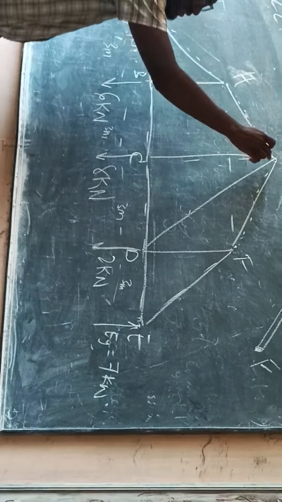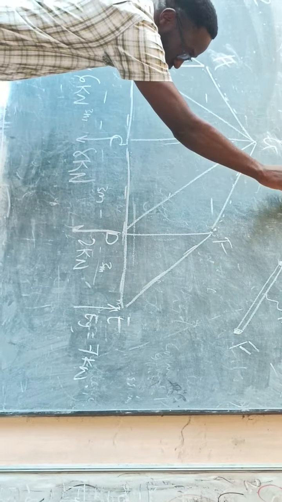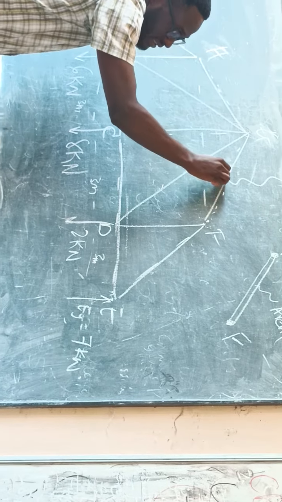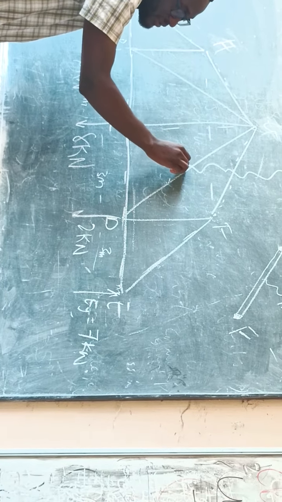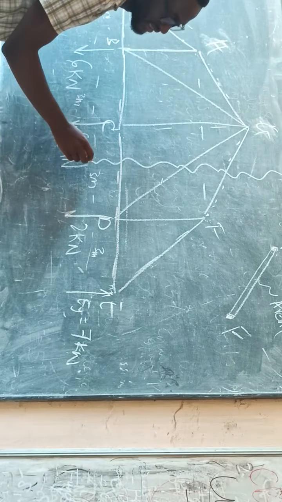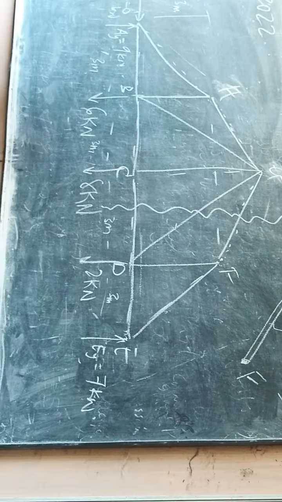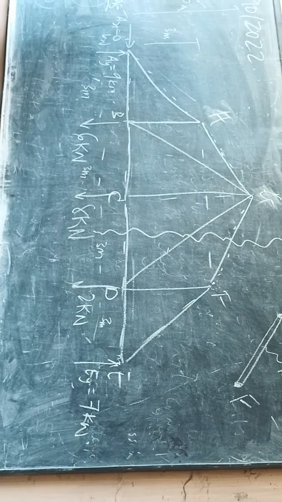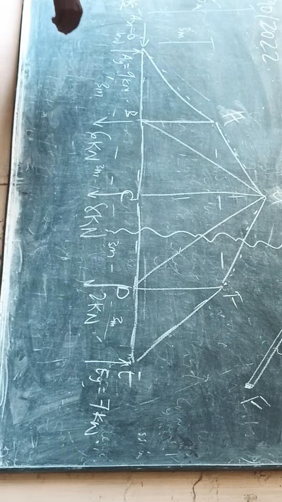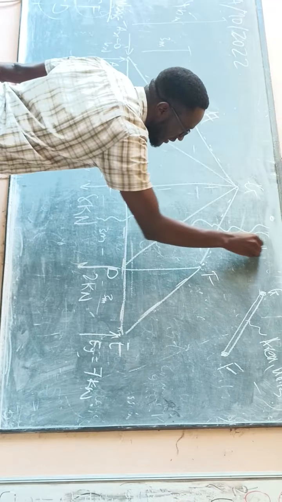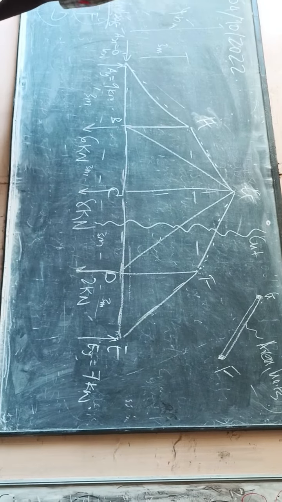So what's the first member? It's this one, right? So I have to cut that member, then cut the other member I'm interested in, and for preference sake, ensure that you cut it straight. It simplifies. So a straight cut, cutting through our different members.